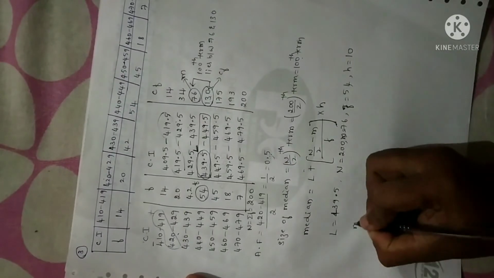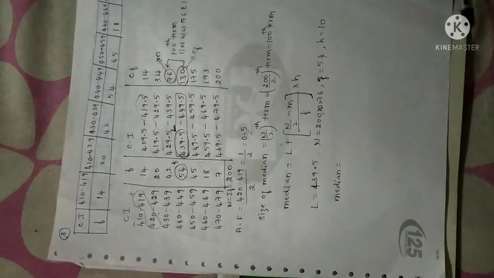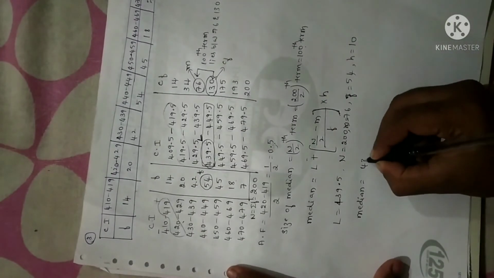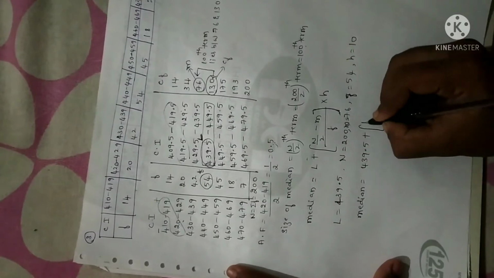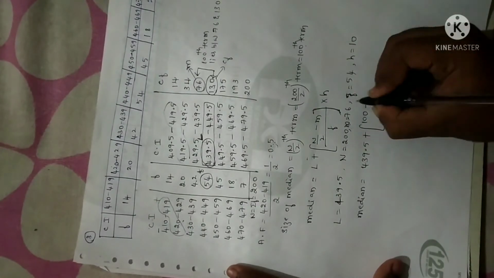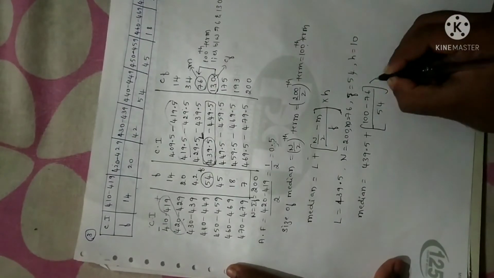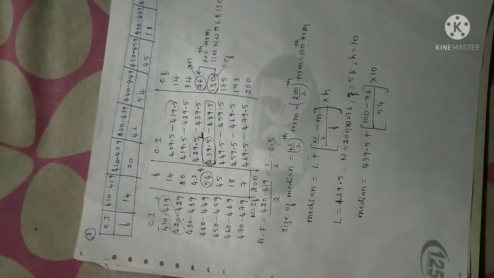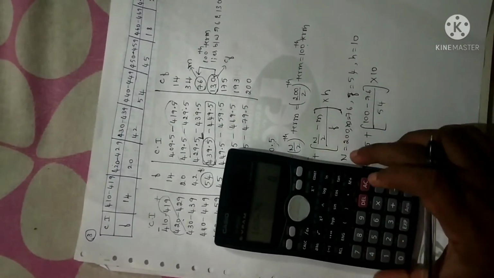So let me substitute. Therefore, the median is equal to L value 439.5 plus N by 2, 200 by 2 is 100, minus m value 76, divided by F, 54, into h, 10. Now let me calculate. So 100 minus 76, I am calculating in one shot.